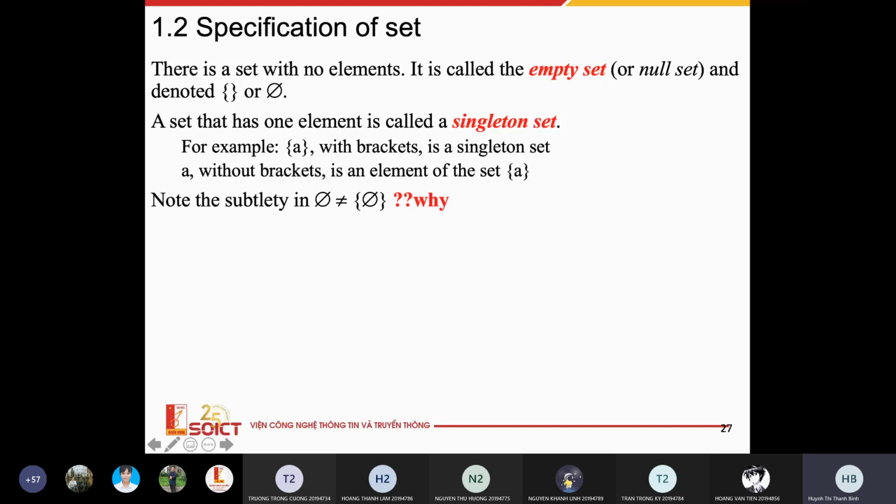A set that has one element is called a singleton set.